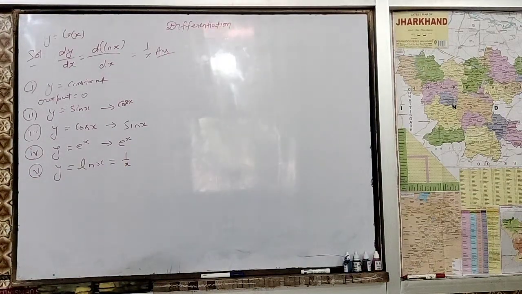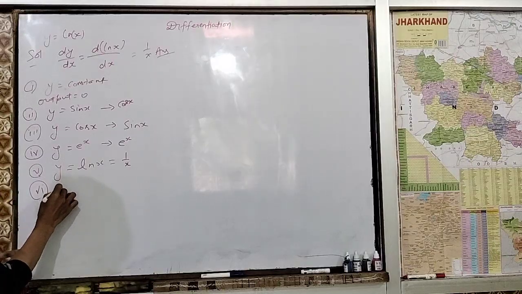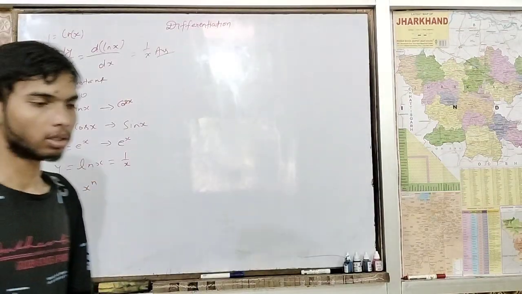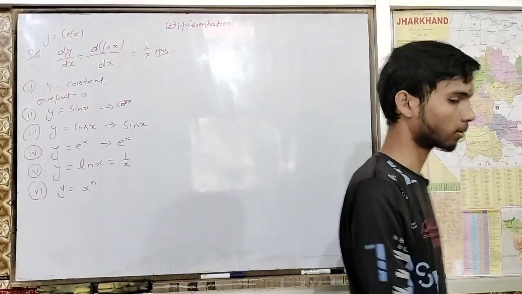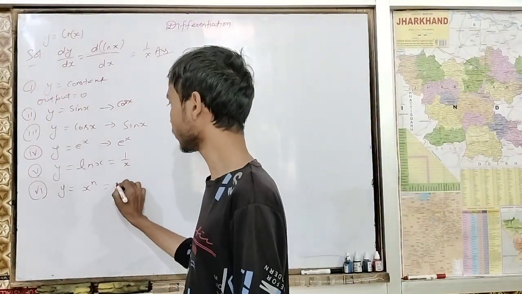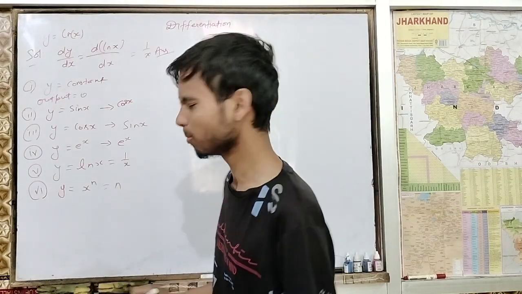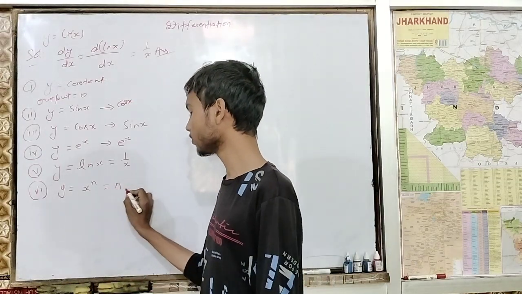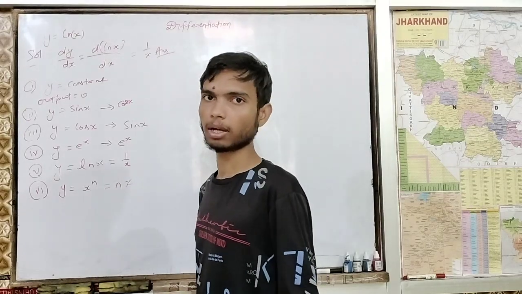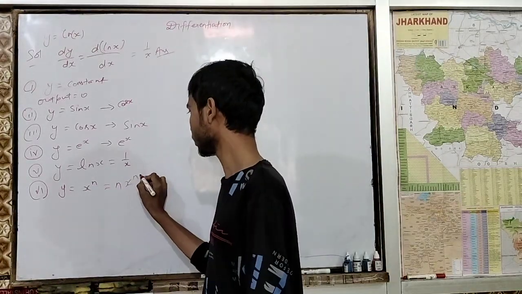One thing more is that if y is equal to x raised to power n, where n is a number, in that case this n will come in the place of the base x as it is, and we will subtract 1 from the power, n minus 1.